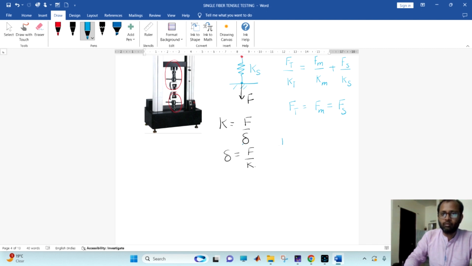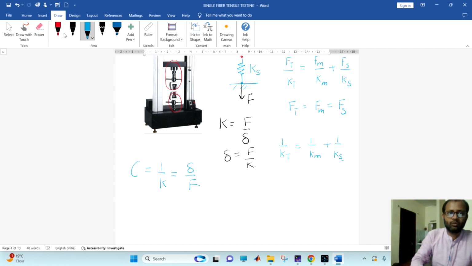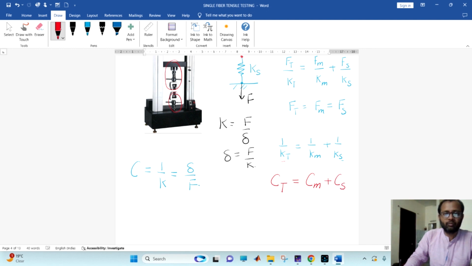So 1 by Kt is equal to 1 by Km plus 1 by Ks. We know the compliance is equal to 1 by K, or delta by F. So we can write the total compliance is equal to the compliance of the machine plus the compliance of the specimen. 1 by Kt is equal to Ct, 1 by Km is equal to Cm, and 1 by Ks is equal to Cs, the compliance of the specimen.